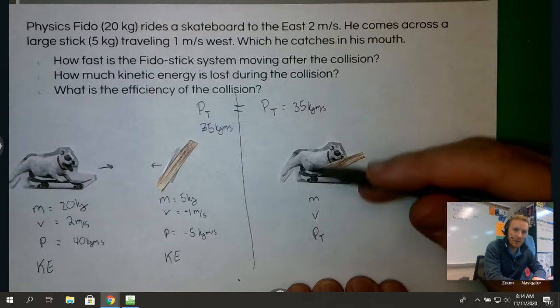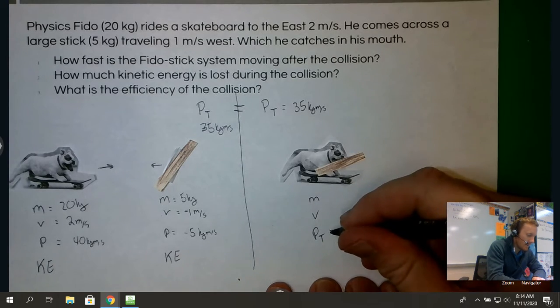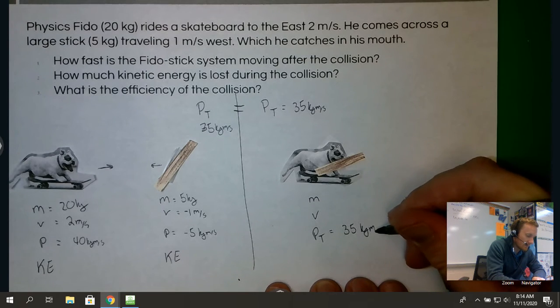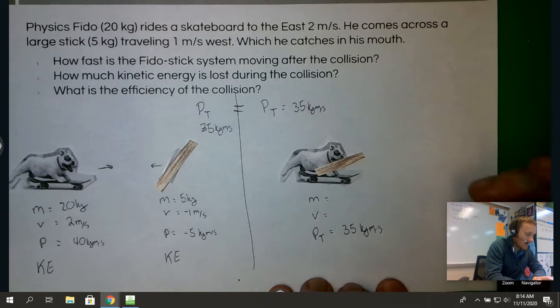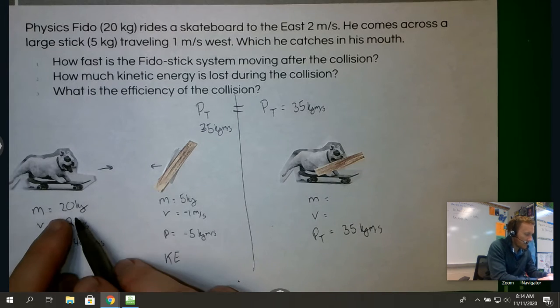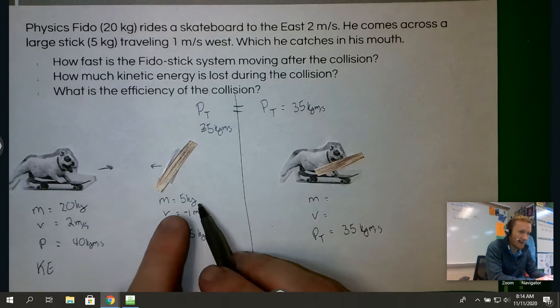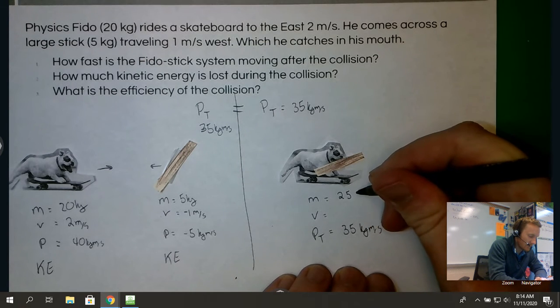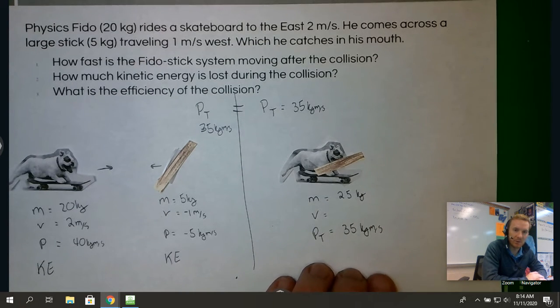So the total Fido and stick system, their momentum is, again, 35 kilogram meters per second. Okay? And we know that both the mass of Fido and the mass of the stick, when they combine, we're just going to add those masses together. So we found their combined mass of 25 kilograms.